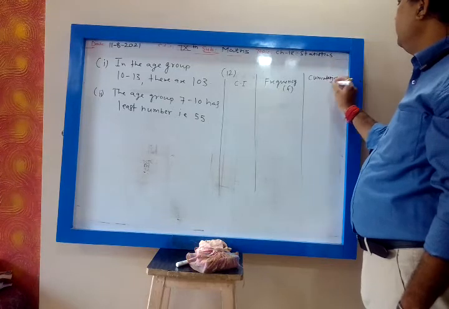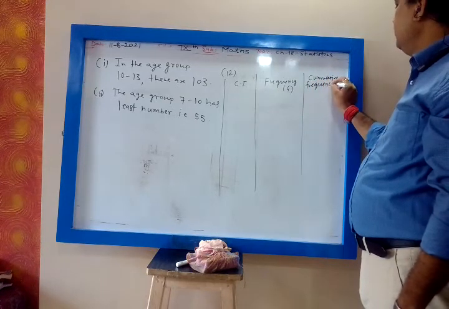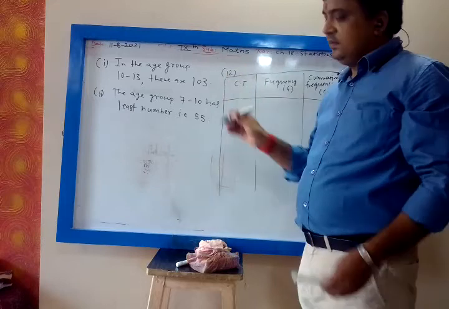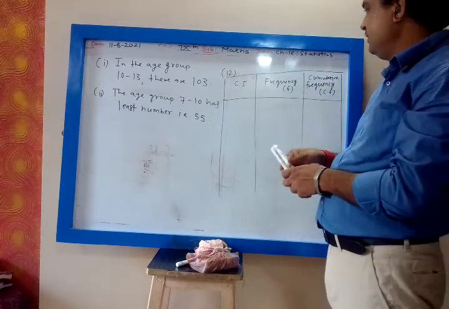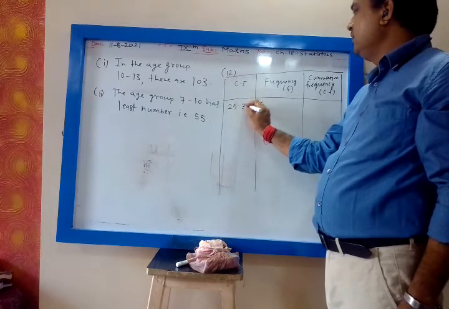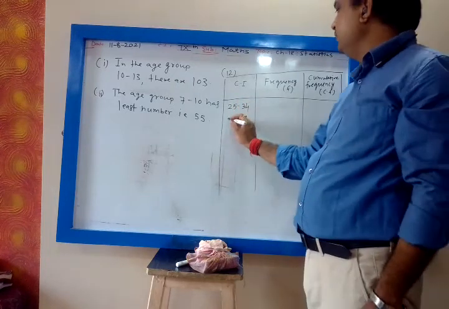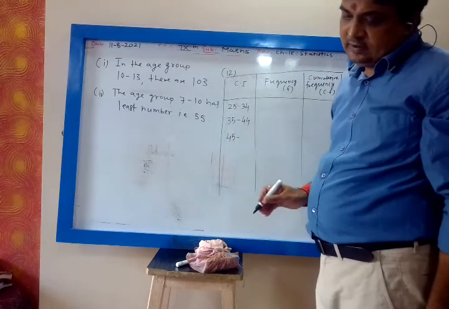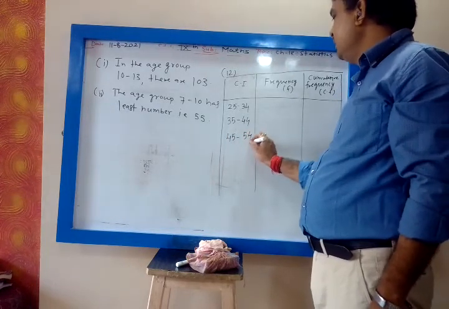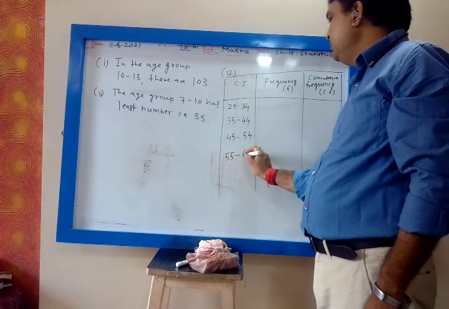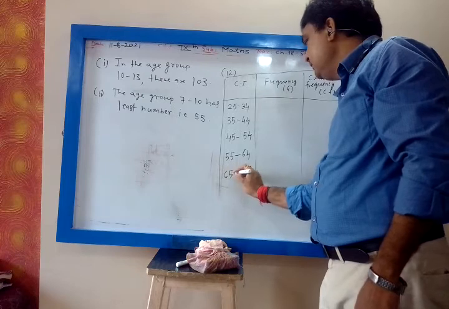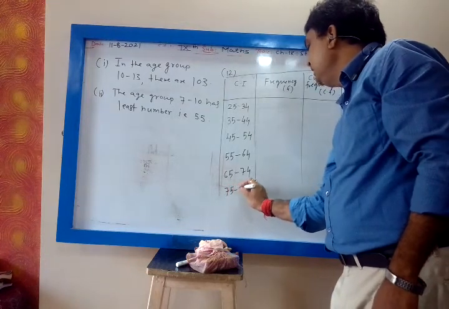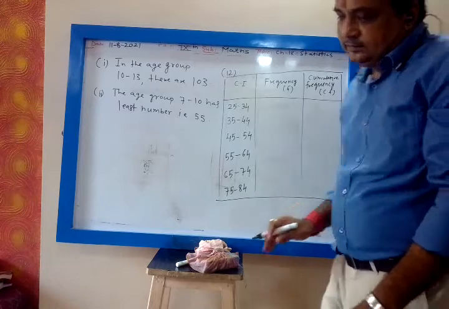The class intervals are 25 to 34, then 35 to 44, then 45 to 54, 55 to 64, 65 to 74, and 75 to 84. Then which values are given?